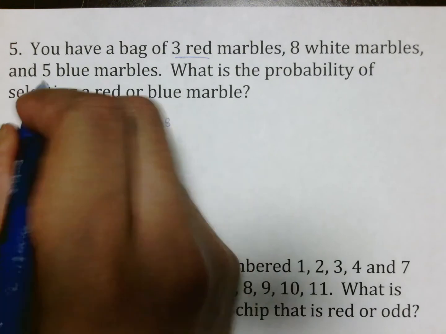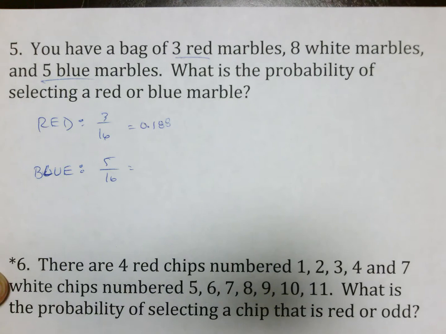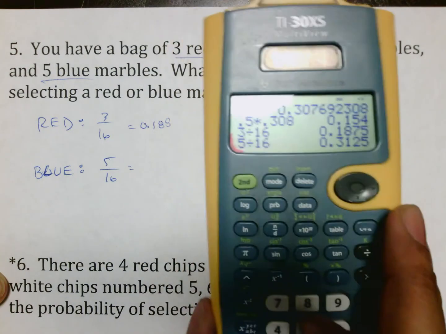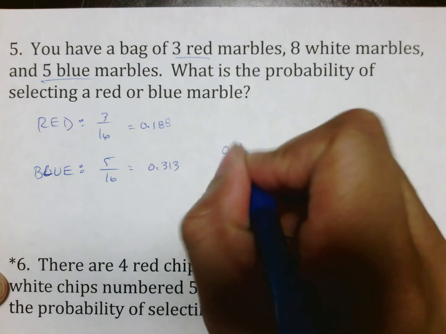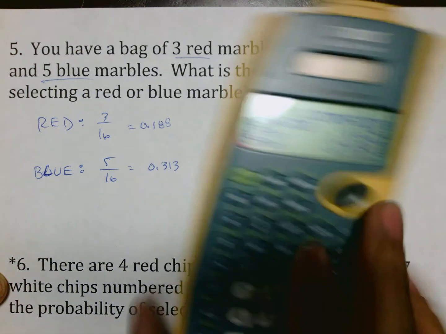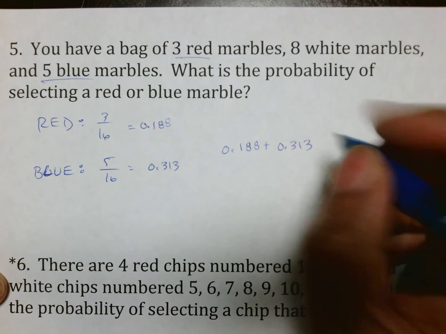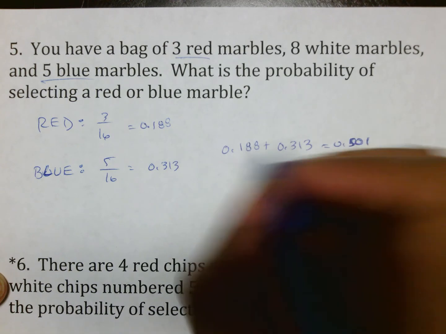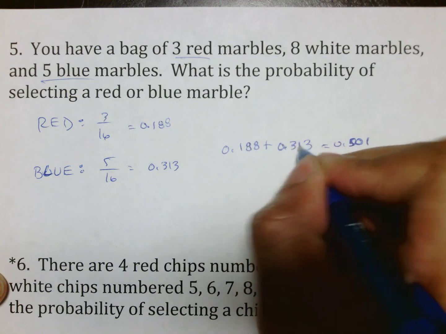In this case we have 5 blue marbles to choose from out of, again, because it's one selection, still out of 16. That's 0.313. And so you now take those two numbers and add them together, and you get 0.501.